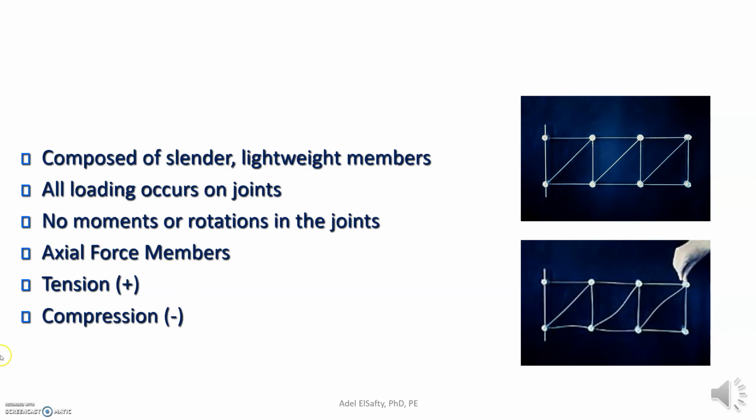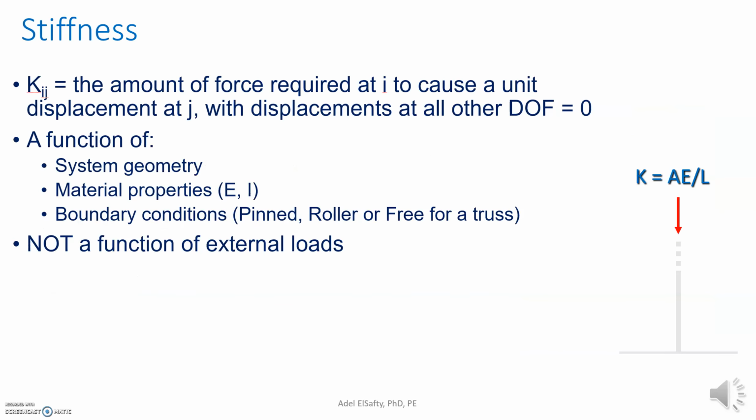I hope that helped, and we are going to be talking about the stiffness matrix, as we said earlier. Kij, as you can see right here, represents the amount of force that's required at I, in the direction of I, to cause a unit displacement at J, with the displacement at all other degrees of freedom equal to 0. And what is that a function of?